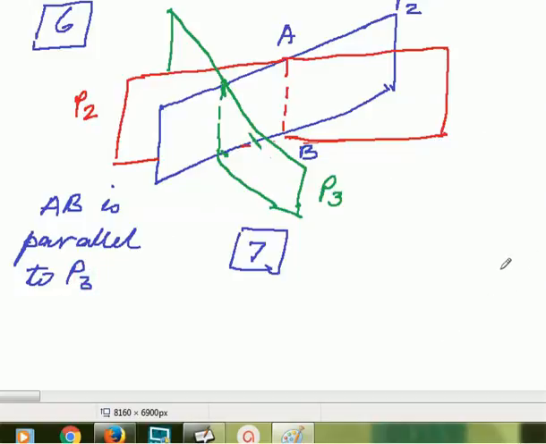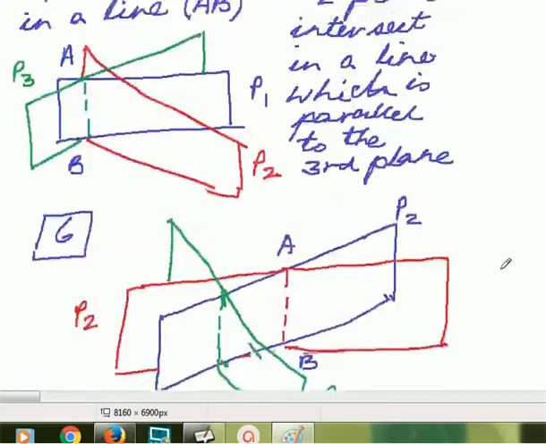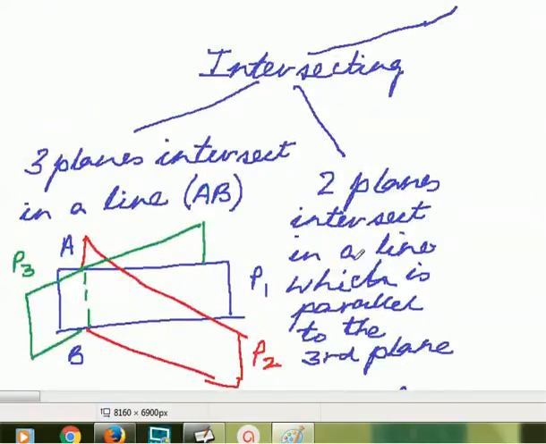Now we see the last situation. The three planes intersect at a point.